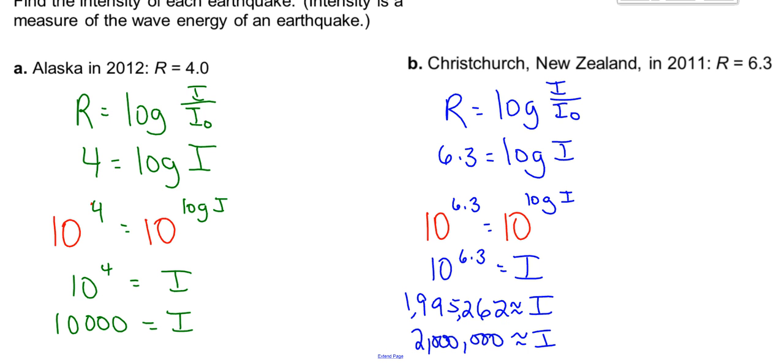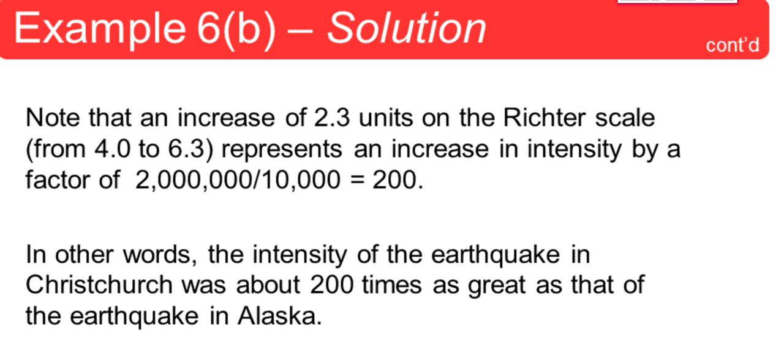And that's the kind of tricky thing about earthquakes is that intensity is exponential as we look at that, or actually, logarithmic. Sorry. Note that increasing by 2.3 units is increasing by a factor of 200. And so the Christchurch earthquake was about 200 times as great as the earthquake in Alaska.